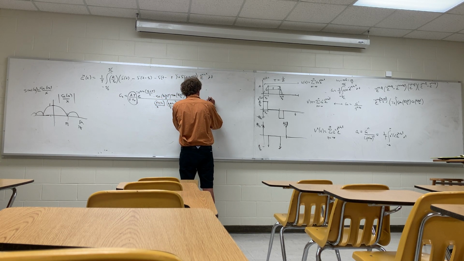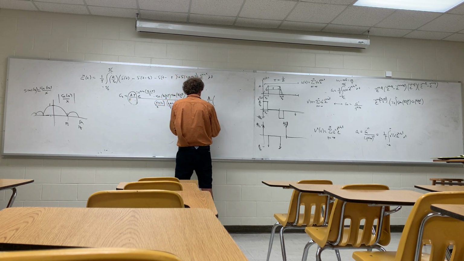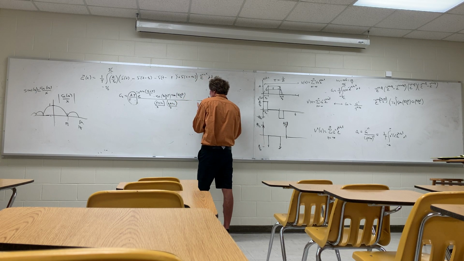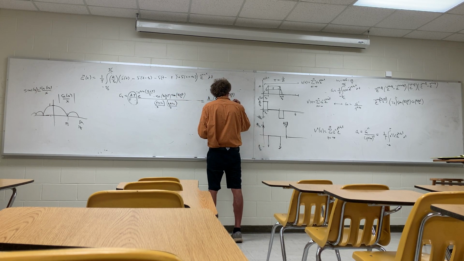It's going to be A, excuse me, tau rise got pulled in, A times tau over T, which is the duty cycle. And then you get the phase terms, e to the minus j n omega naught times tau plus tau rise over 2. And then you get a couple of sinc functions, which are the key.